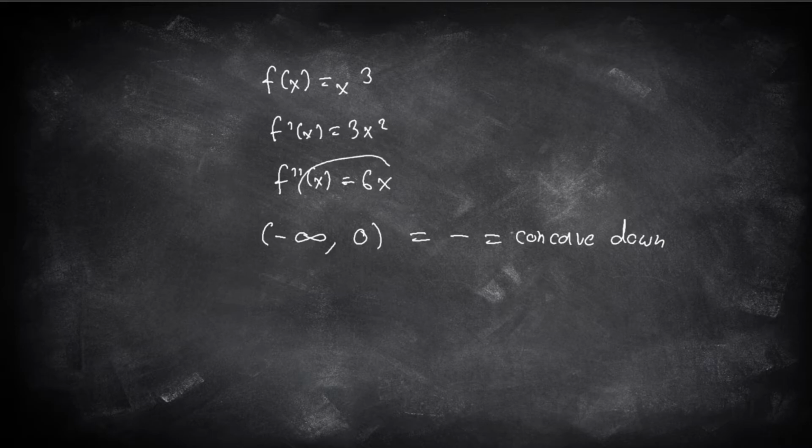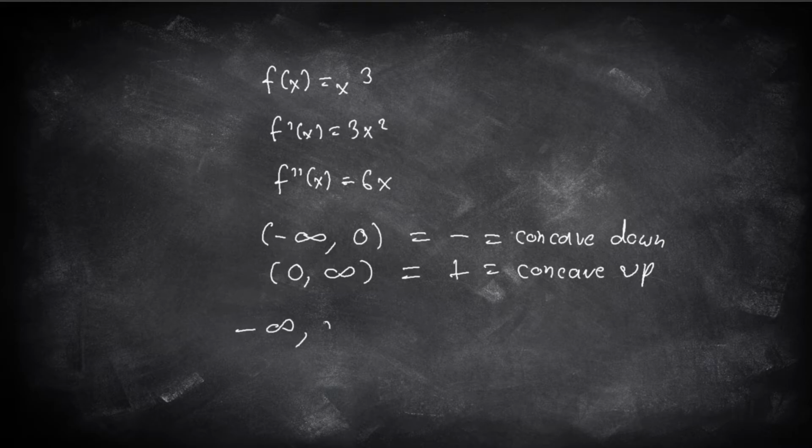Now, when is this positive? That will give us concave up. That's when x is greater than 0, so from 0 to infinity, positive, concave up. Now, when does it have an inflection point? It changes concavity. From negative infinity to 0 to infinity, you change from concave down to concave up, so it changes right at 0.